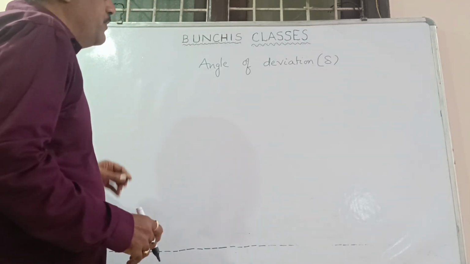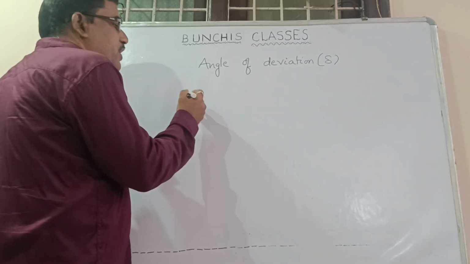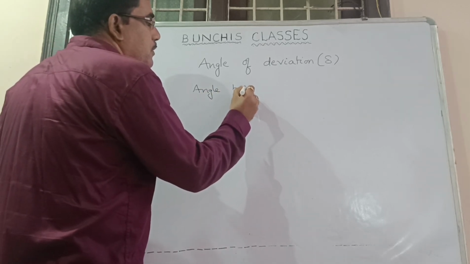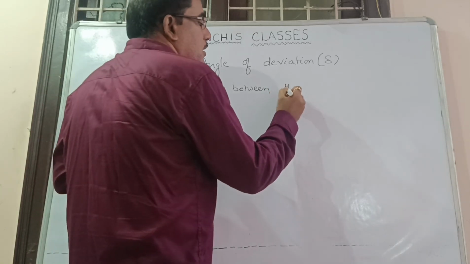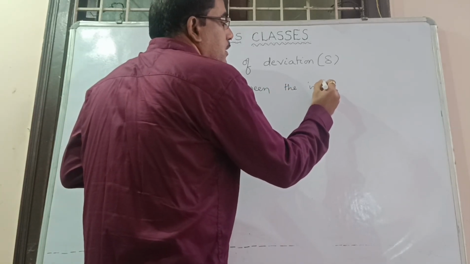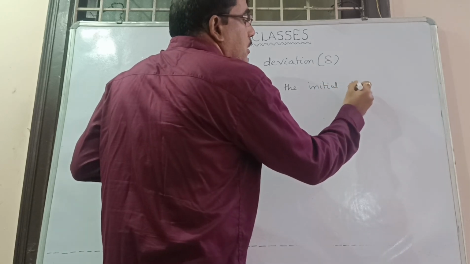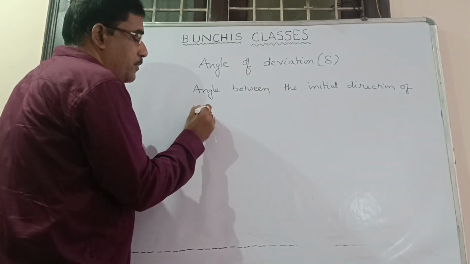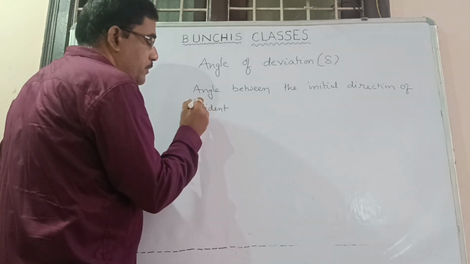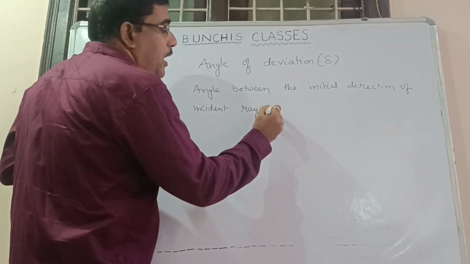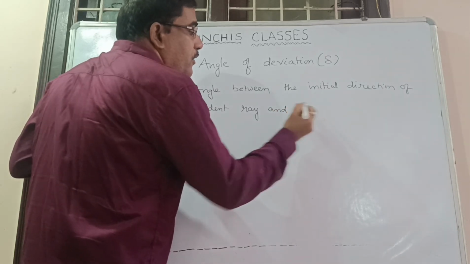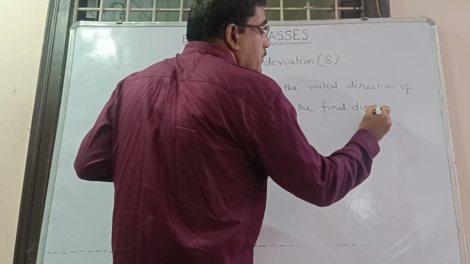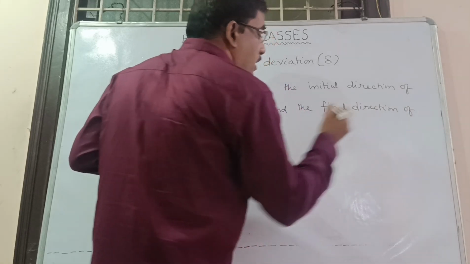What is this angle of deviation? Angle of deviation is nothing but the angle between the initial direction of the incident ray and the final direction of the reflected ray.